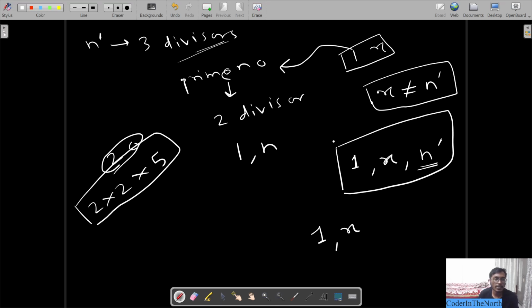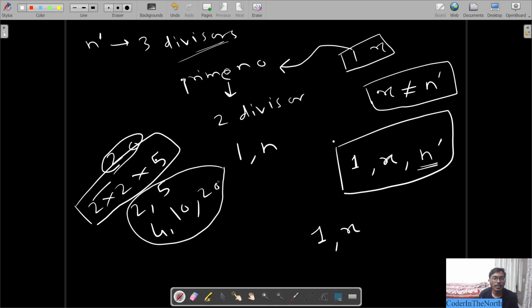Take anything: 2, 5, 2 into 2 is 4, 2 into 5 is 10, then 5 into 2 into 2 is 20, 20 itself. So we can create a divisor from its prime factorization. If we have the prime factorization, we can create its divisors.